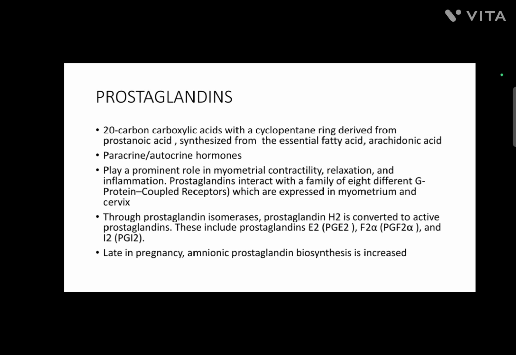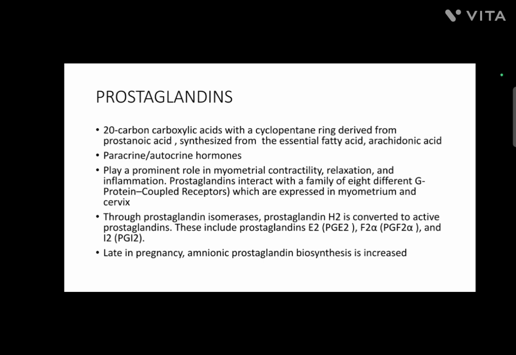We know different kinds of prostaglandins present within our body, like prostaglandin F2 alpha, prostaglandin E2, prostacyclins, and so on, right? These are actually inflammatory mediators which are present at the time of any kind of inflammation taking place inside our body.